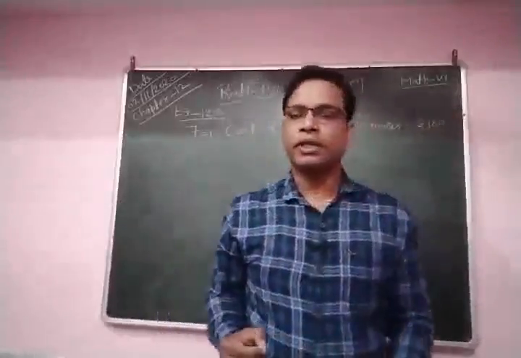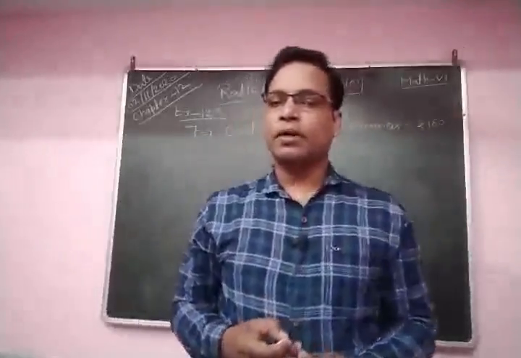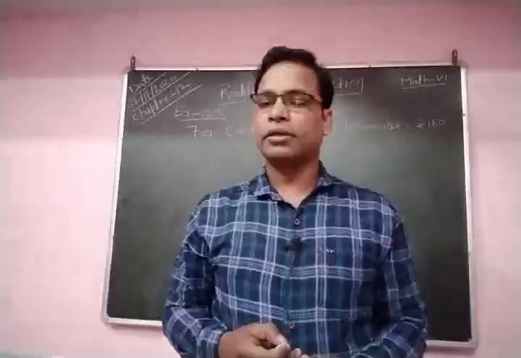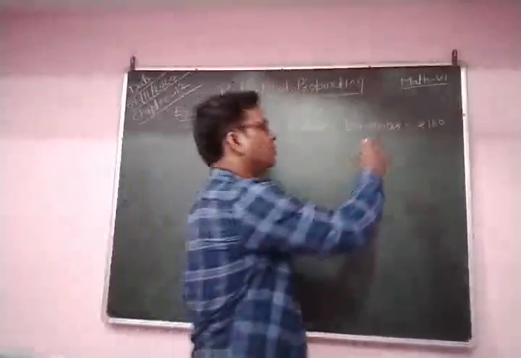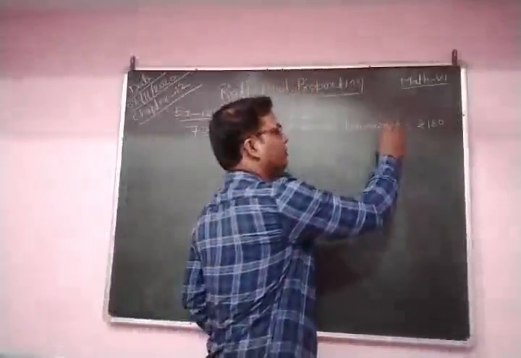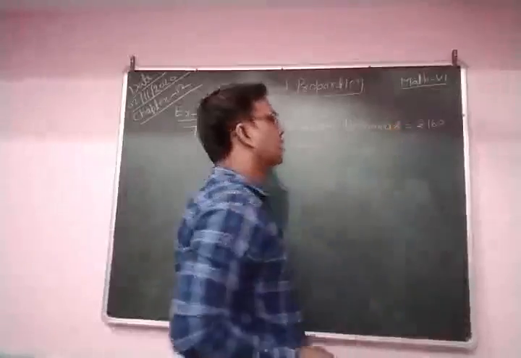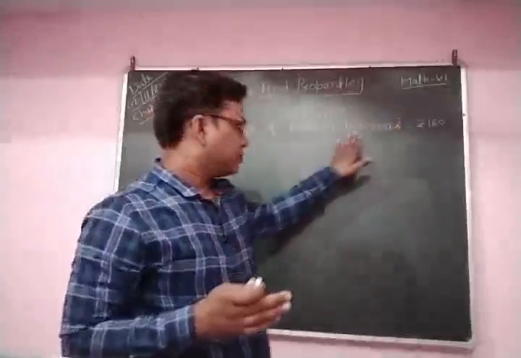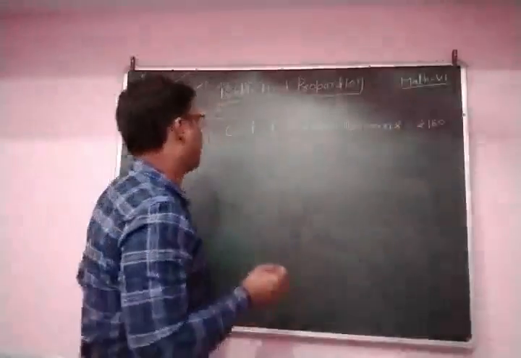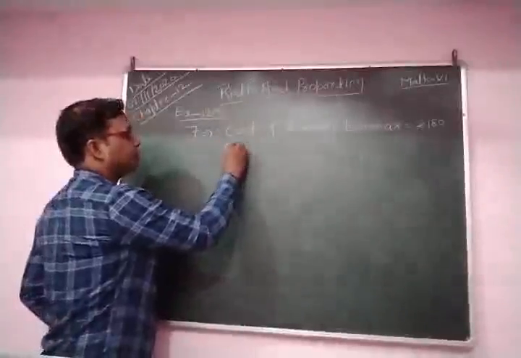Okay, this is given here. The cost of 4 dozen bananas is equal to 180 rupees. This is given, so we need to find the cost of 1 dozen bananas.